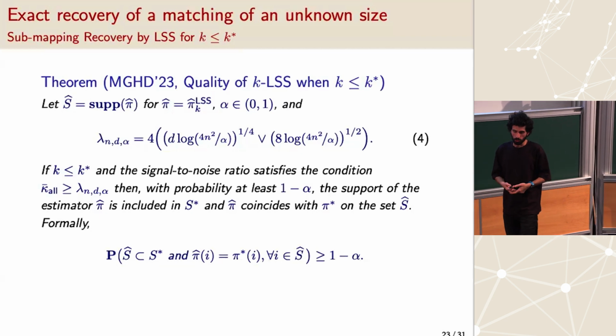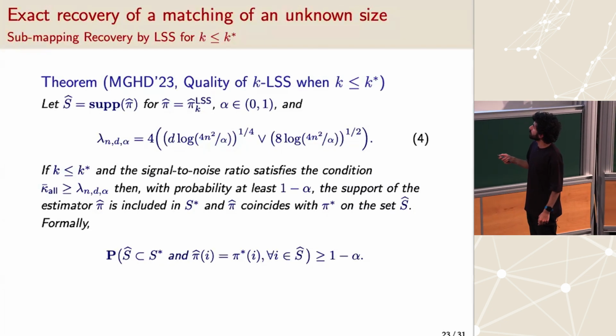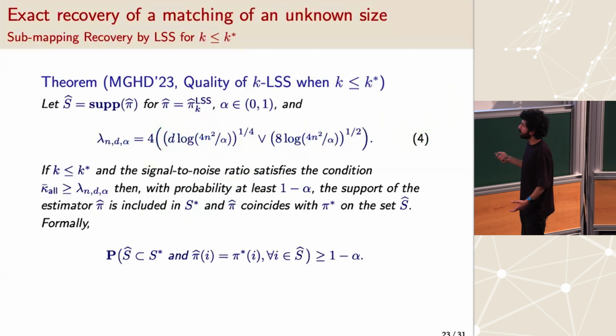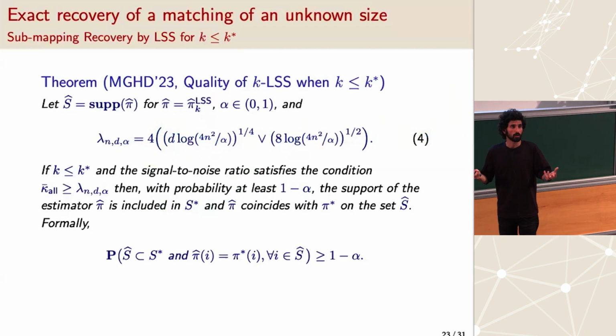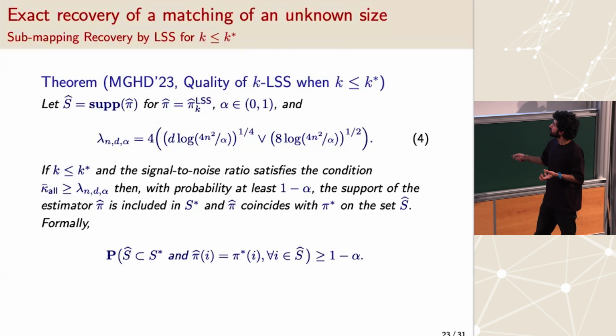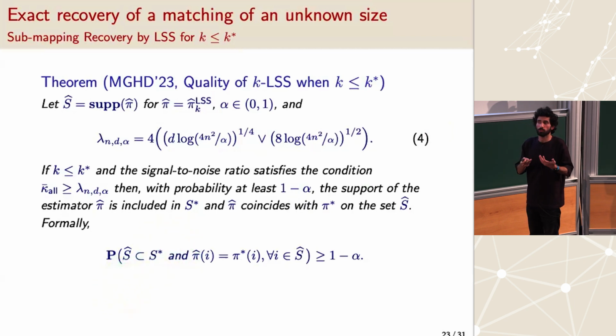So this result shows that given that the separation distance kappa is large enough, which is the same quantity as we have seen before, then we are recovering a subset of the true matching S star.